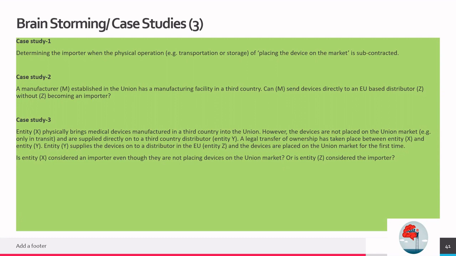Because the distributor is in the European Union. Just remember the definition of the economic operators. There the answer is. Z is a distributor, so entity Y is an importer. So they become a subcontractor, right? They are just importing the device, right?